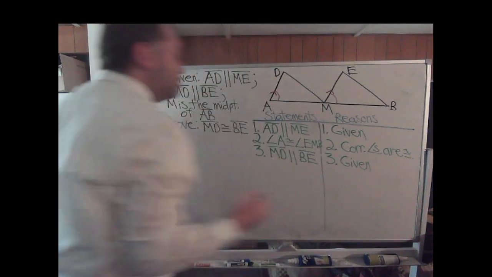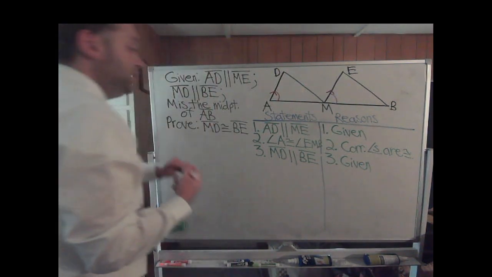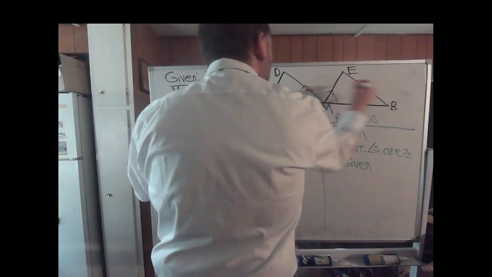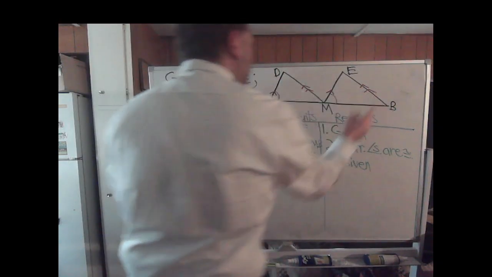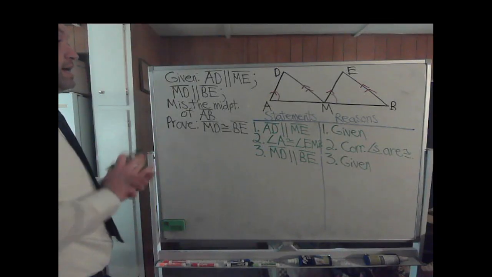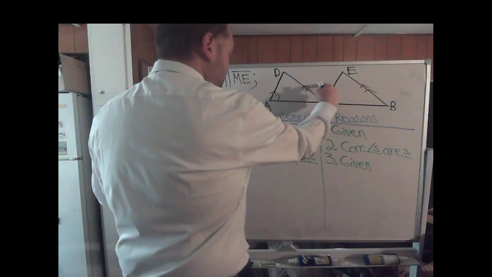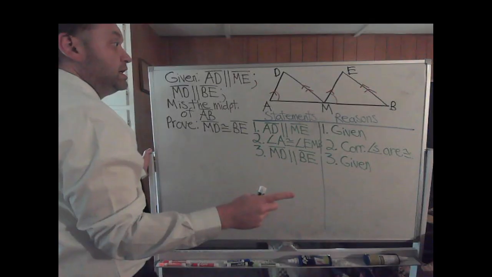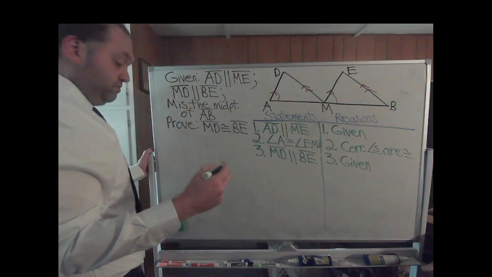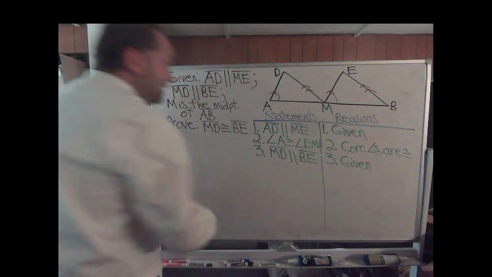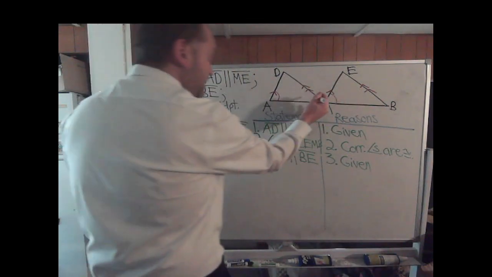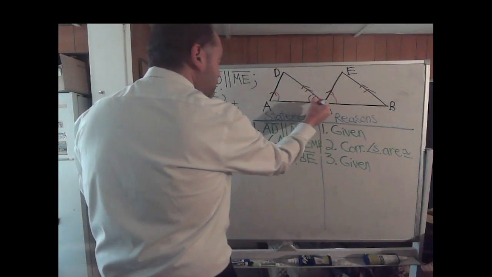So now that we know that MD is parallel to BE, let's go ahead and set up some parallel markers on this also. We'll set up our parallel markers for those to demonstrate that. Now, if MD and BE are parallel, isn't it also true that line segment AB acts as a transversal? Which once again then you would have angles DMA and angle B being corresponding angles, which would be congruent.